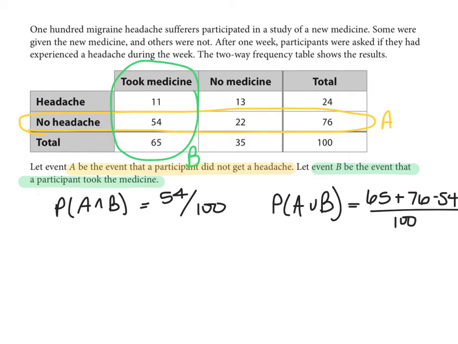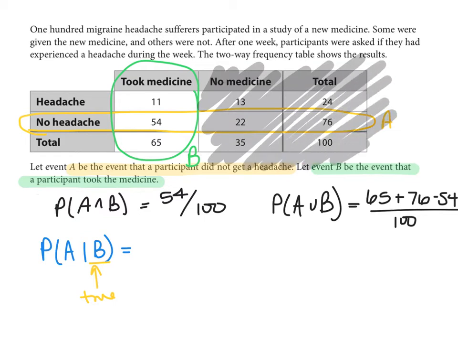So this time, I want to show you how we calculate given probabilities. So let's do probability of A given B. This means that B is already true. That's the part we said is already true. So when we're looking at this table, we're really only looking at the part of the table where they took the medicine.